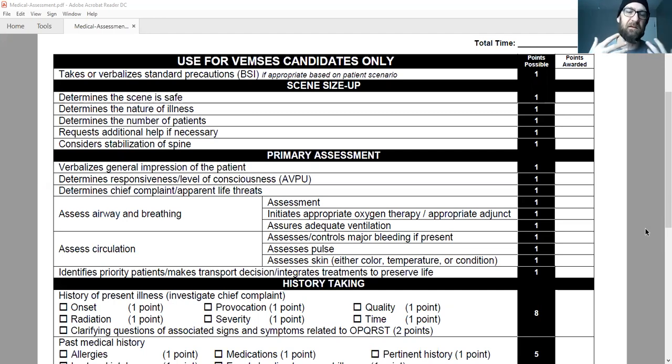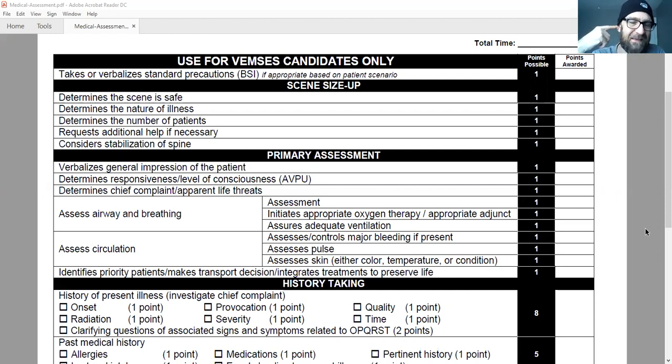All right, let's pretend that you're talking to this patient. Now, we've said this before, but it's always important to remember when we're doing these assessment sheets: if it's happening in your head and it's not coming out of your mouth, you're doing it wrong. Our evaluators are going to be taking their eyes off of you at some point to mark these sheets.